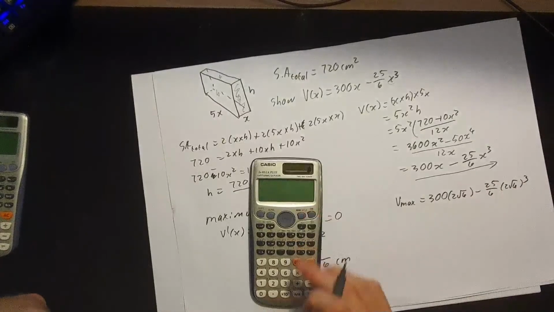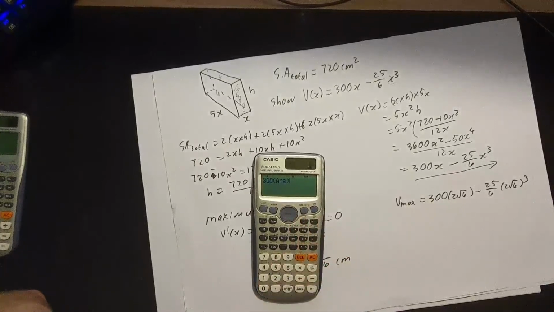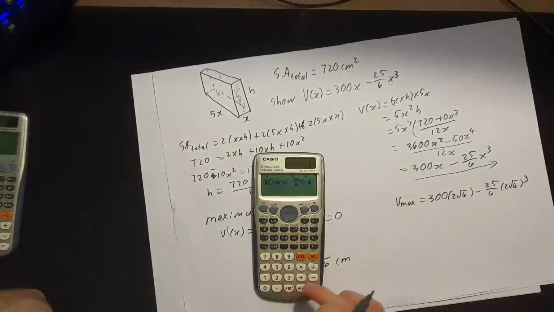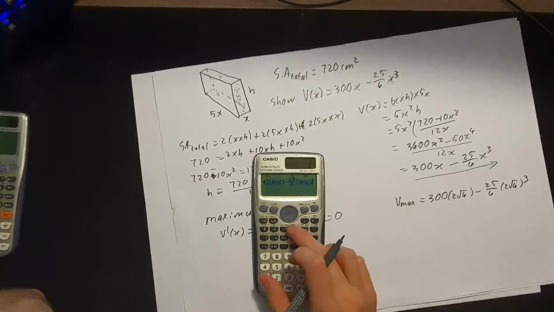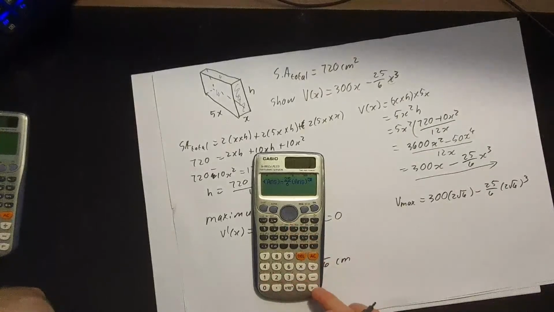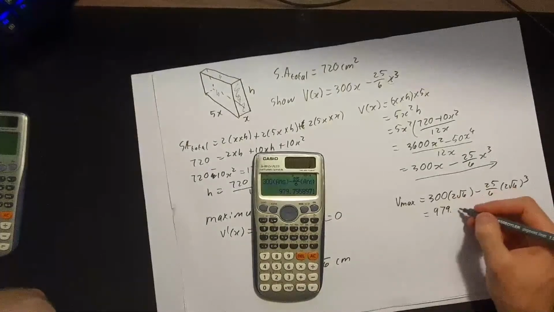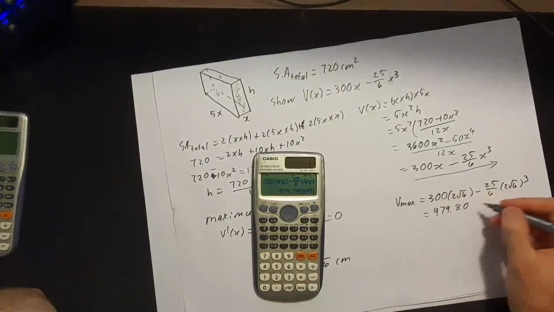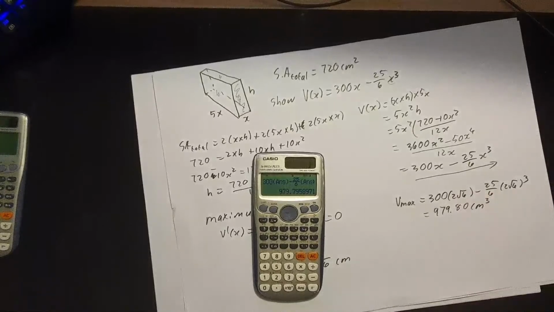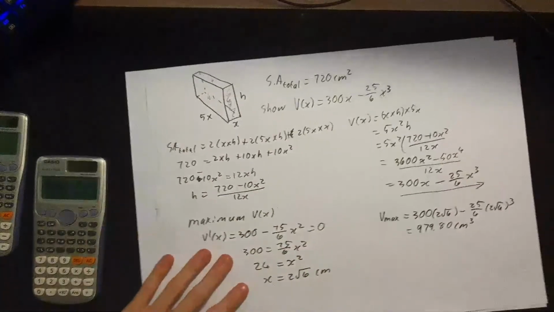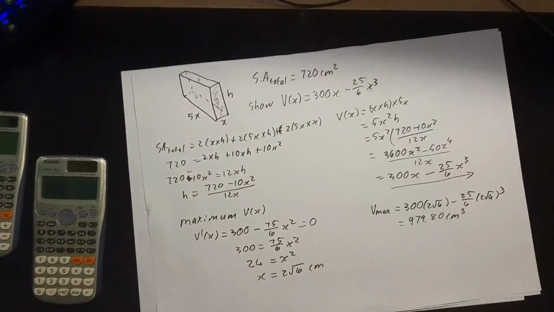If we plug all of that into the calculator, we get a total volume of 979.80 centimeters cubed. So these questions are very nice. They're quite enjoyable.